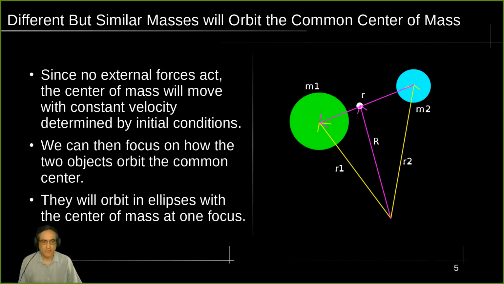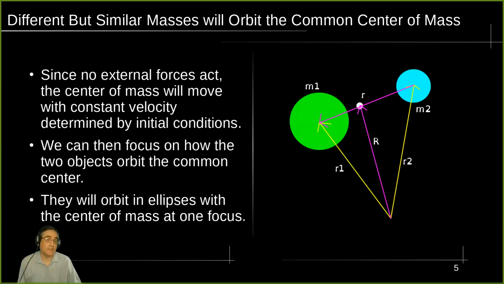This actually lets you simplify the equations a bit, and you can solve it the same way you solved the original equation for the central body problem, more or less. The difference is you end up with the reduced mass in there instead of the mass of one of the objects.